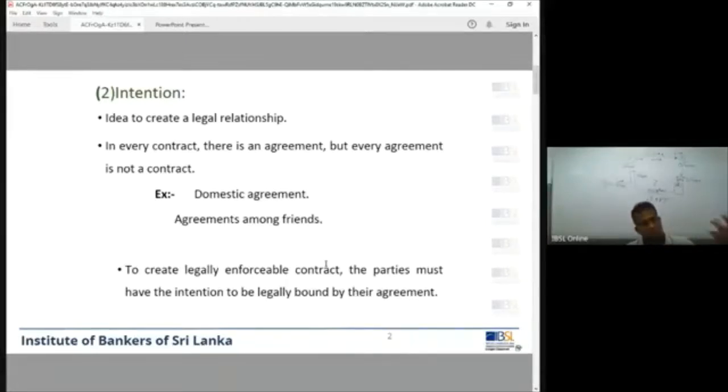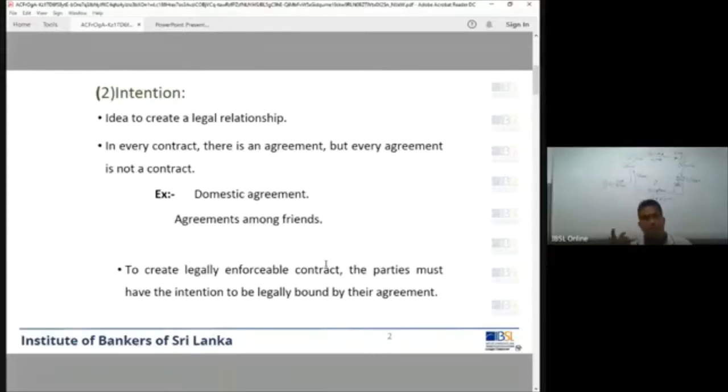So when you are making an offer and when the other party is accepting the offer, they have the intention to create a legal contract. So that is the second element. When you get a case, you have to see whether both the offeror and the offeree had the intention to create a legally binding effect.